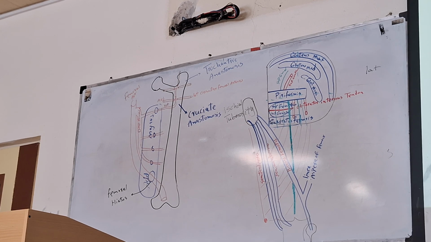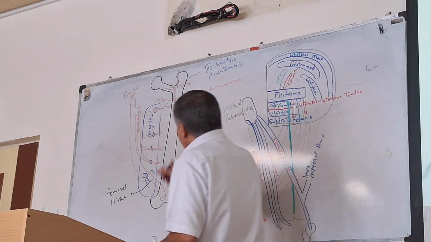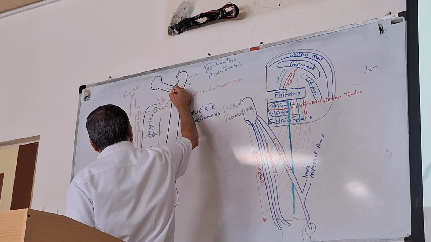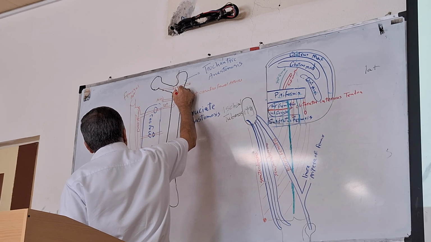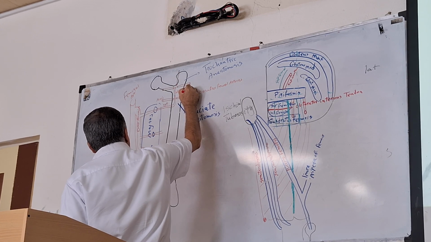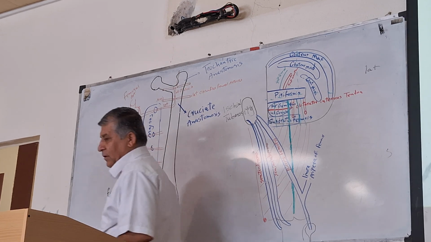And this one is called the inferior gluteal artery.